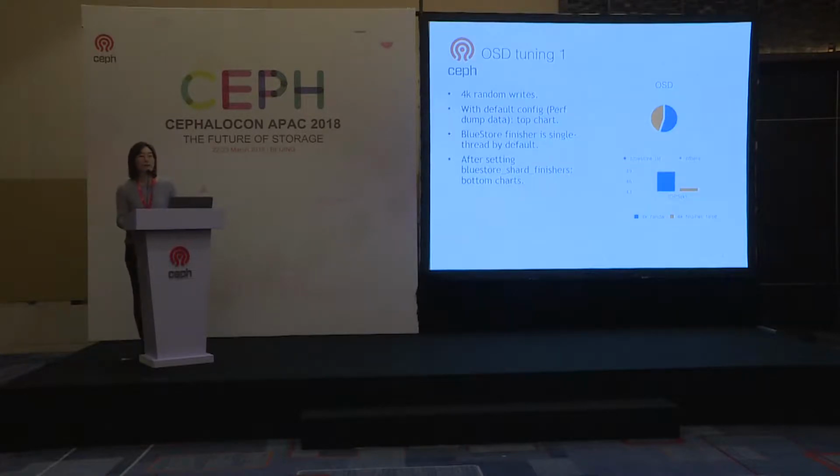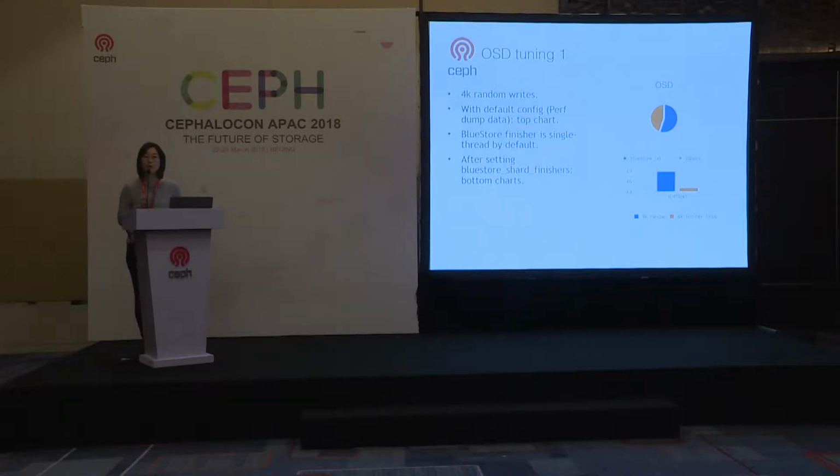This is my test. I did a 4K random writes test. In the pie chart, the total latency is the OP underlying W underlying latency, that is the latency in the OSD. And BlueStore latency is the BlueStore commit latency.